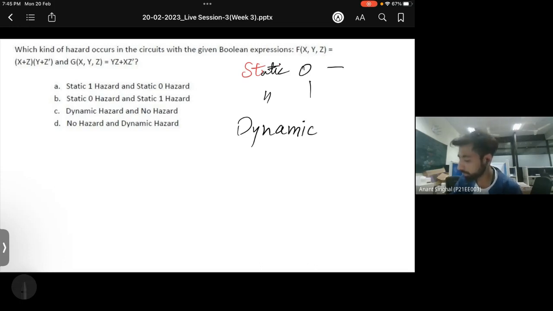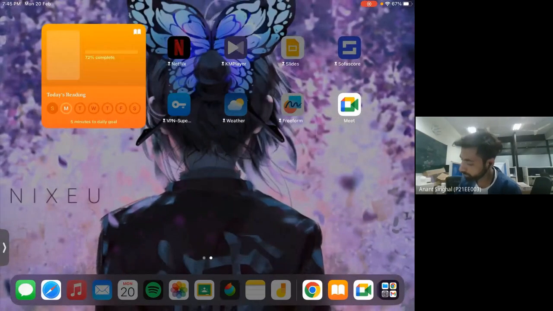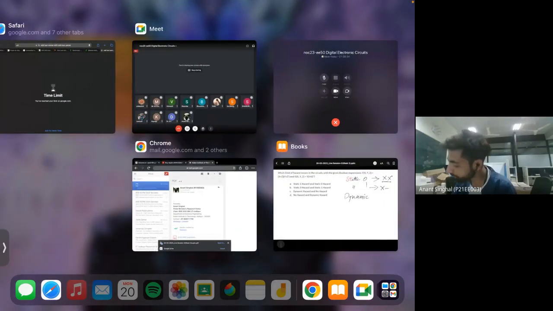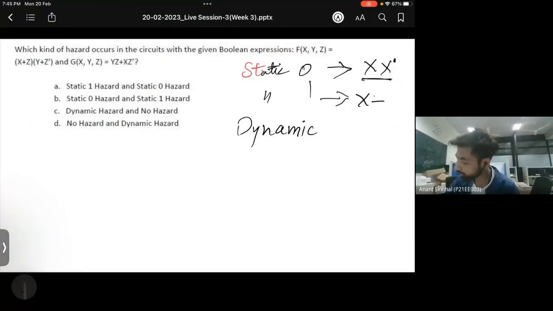So whenever a circuit is encountering an expression like x bar, it can give for any combination of logic. If a circuit is encountering this type of expression, then it will give a static zero hazard. And for any combination, if a circuit is encountering x plus x bar, then it is a static one error.